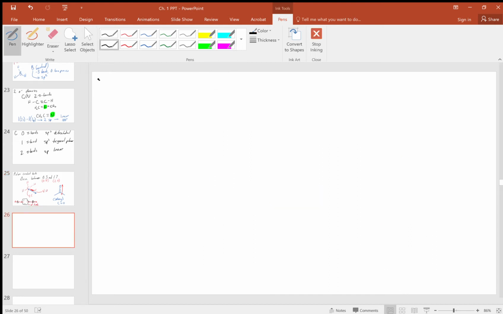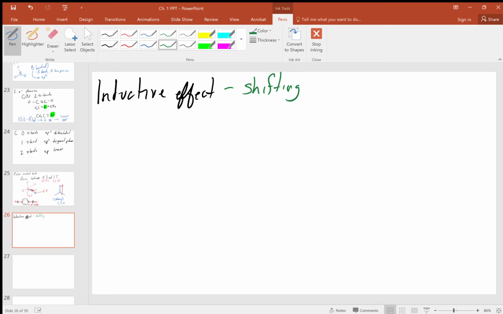Now, overall, we use this term inductive effect to refer to what's going on here. So the inductive effect is the shifting of electrons in a bond. And this is based on differing electronegativities.